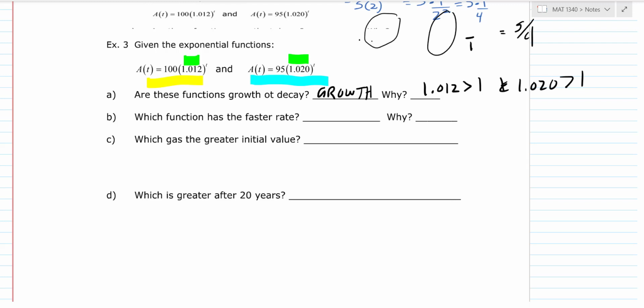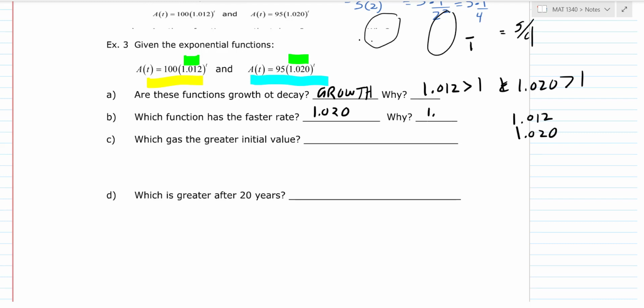Now, the question is, which one do you think will grow the fastest? So what we have is 1.012, and then we have 1.020. Any thoughts on which one you think will grow the fastest? Which one? How come? Because it's bigger, exactly. Okay, so the faster rate is going to be this one, the 1.020.